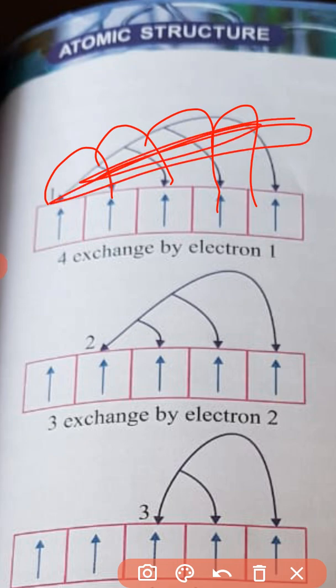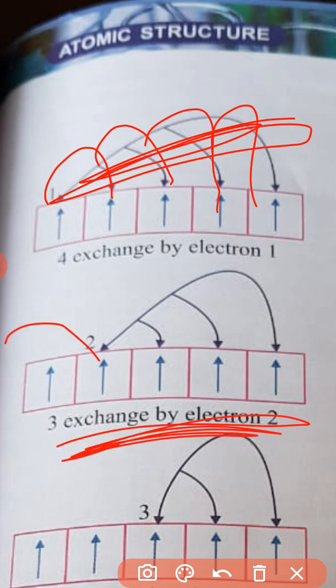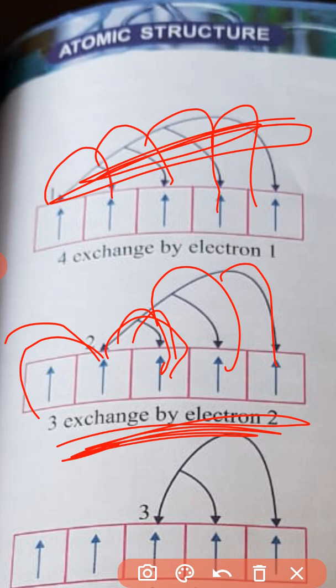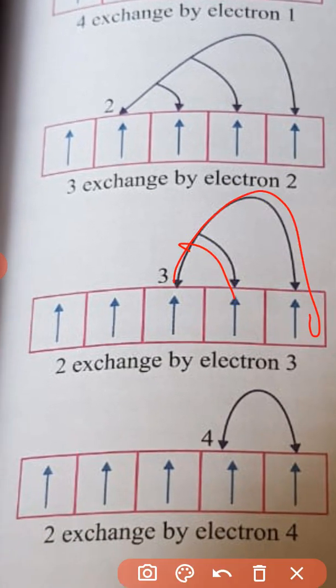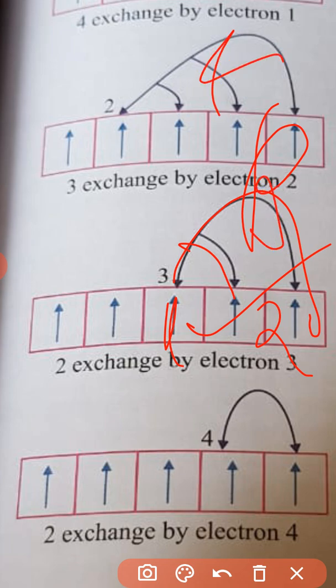There are 3 exchanges by electron 2, because it can't go to 1, so it can go to 3, 4, 5. And there are 2 exchanges for electron 3, it can go to 4, 5, either this way or not this way.